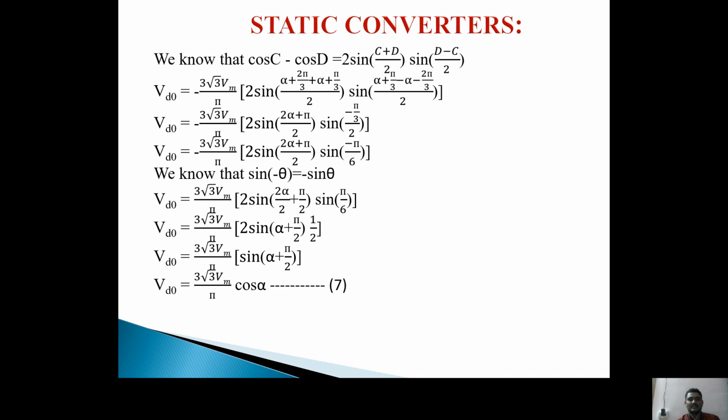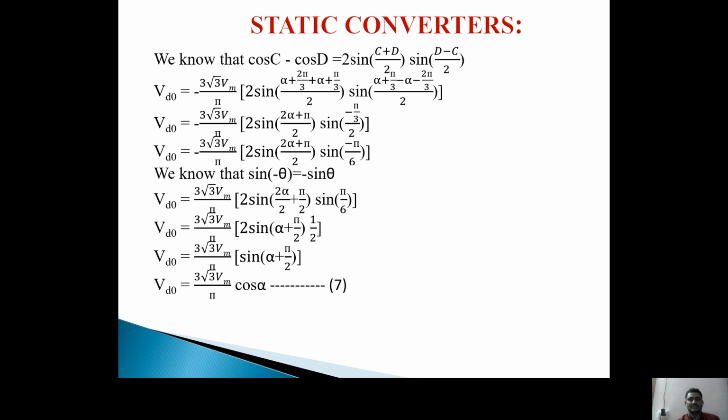So substitute that into the above equation, that is Vd0 is equal to 3 root 3 Vm by pi into 2 into sine of, we will write this as 2 alpha by 2 plus pi by 2, into sine of pi by 6. So that is equal to 3 root 3 Vm by pi into 2 sine of alpha plus pi by 2 into sine pi by 6, which is 1 by 2. Sine 30 is 1 by 2.